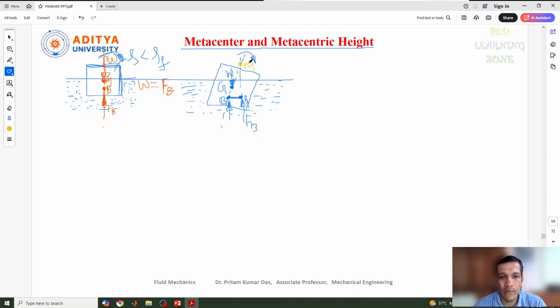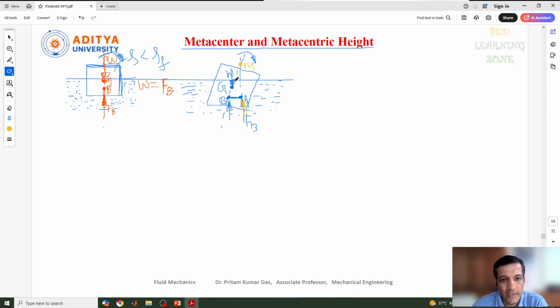So if the question is given to define the metacenter, how can we define it? We can say the point at which the line of action of the force of buoyancy, FB, will meet the normal axis.